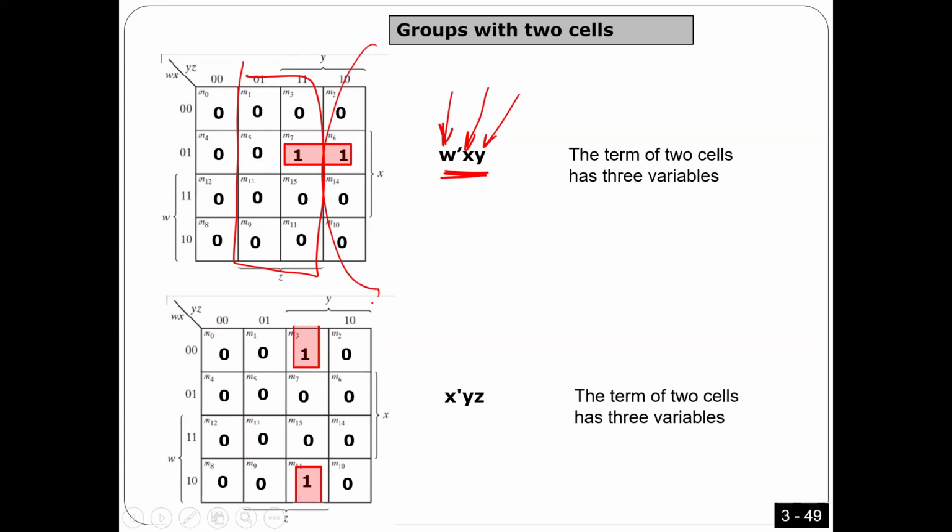So this group is not located in the Z area or the Z prime area, half and half. That means this is a variable I have to cancel. So you have to remove this variable. This is one way to think about it. There is another way. If you look at the intersection of the area W prime with the area of X with the area of Y, you will get these 2.